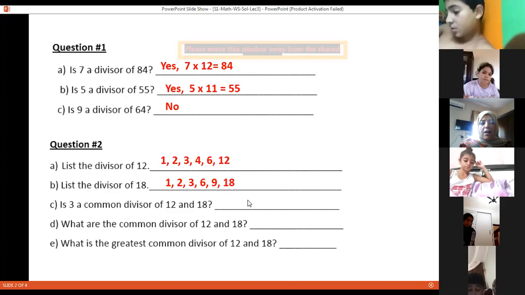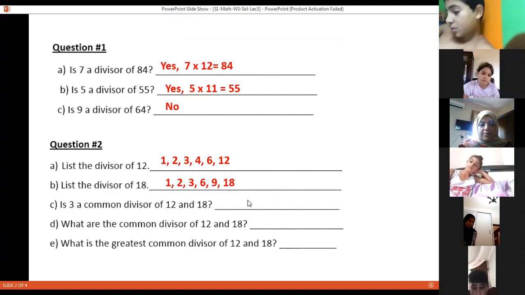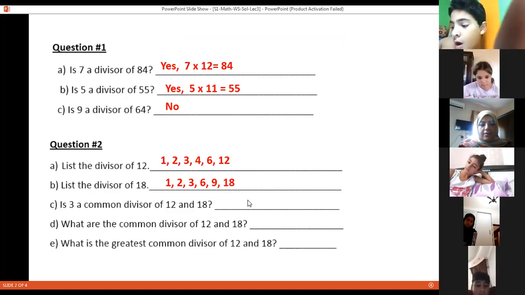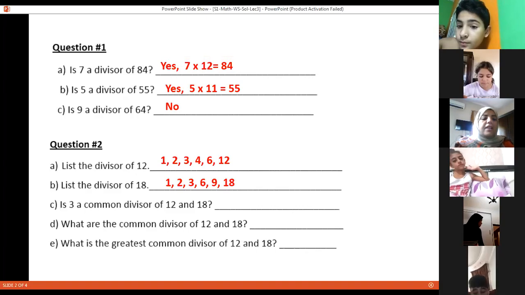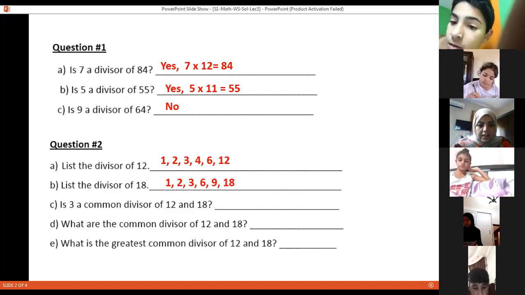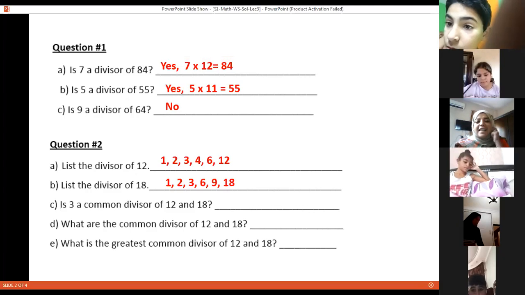Now, Malak, dear, is 3 a common divisor of 12 and 18? Can you see 3 in the divisors of 12 and the divisors of 18? Malak, I think I can't hear you.